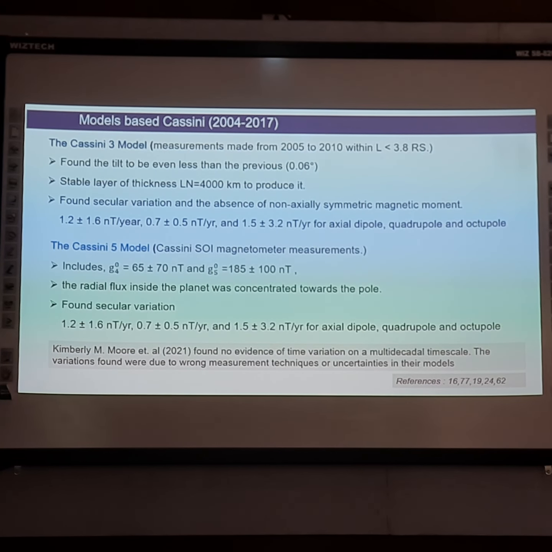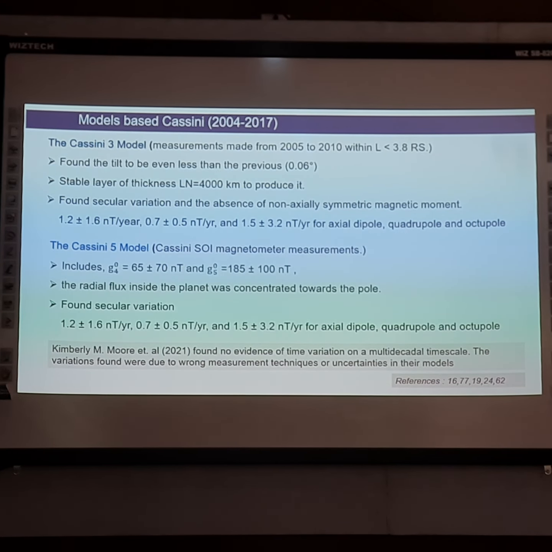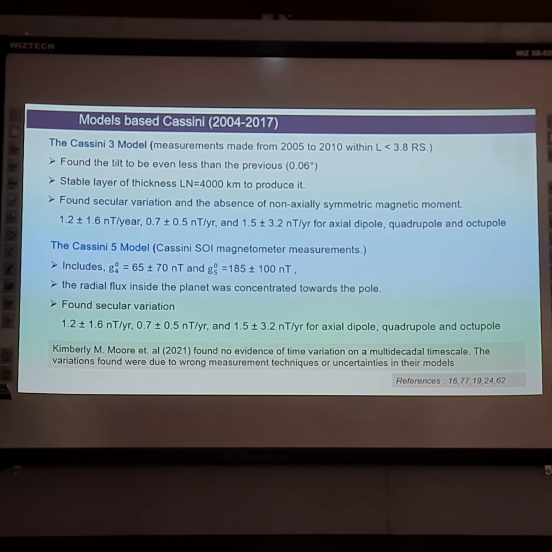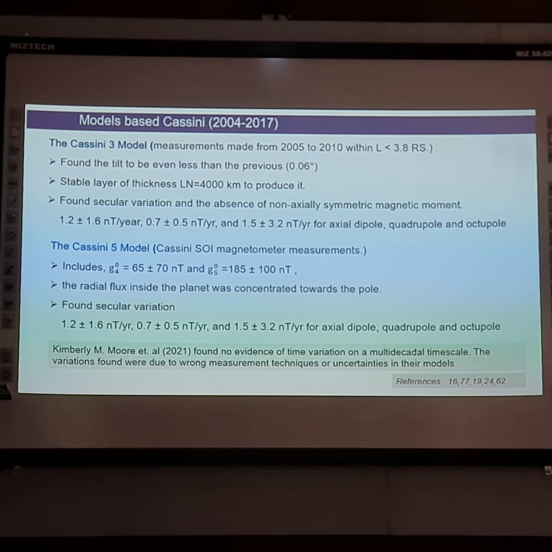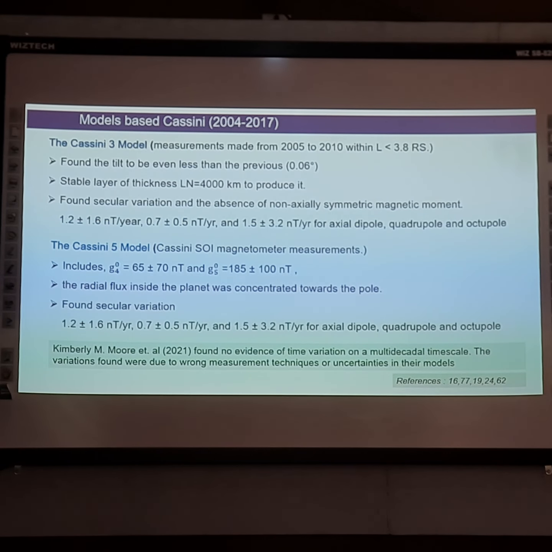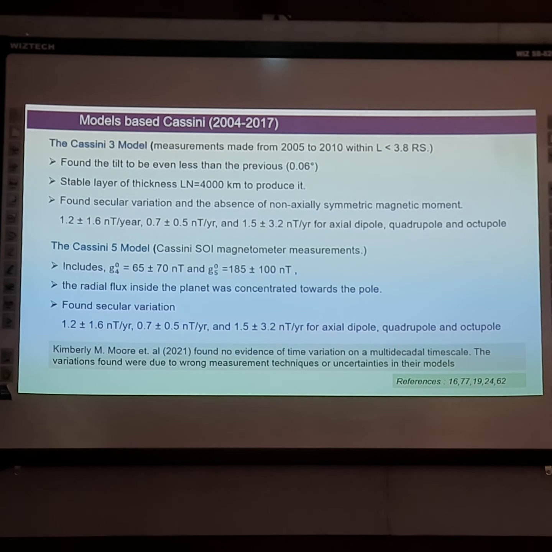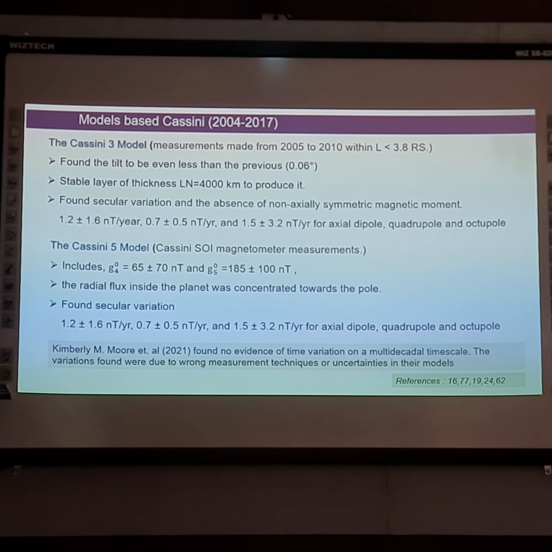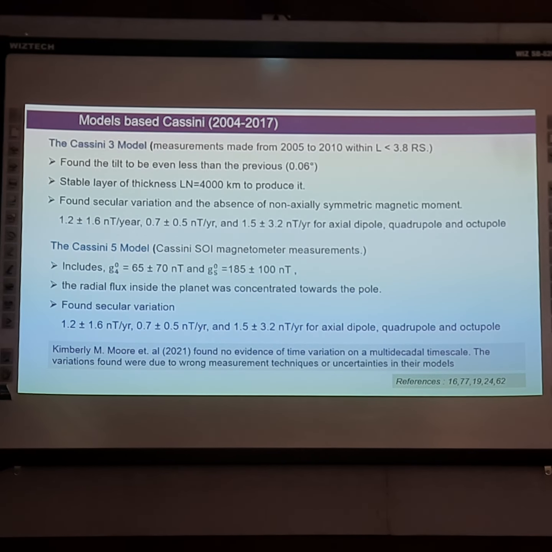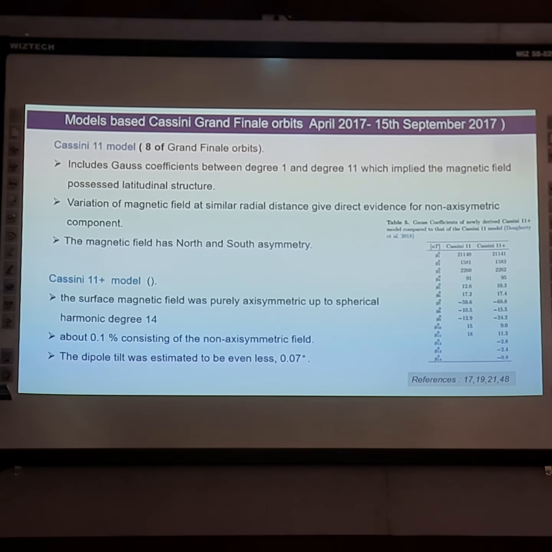But later on, we will see that in 2021, Kimberley and colleagues reanalyzed all this and said that the apparent change is just because of the choice of their model. That means their modeling technique was wrong. So the debate is still on. They said there are changes, and now last year, somebody said no, it does not change. So the argument is that this study is still relevant.